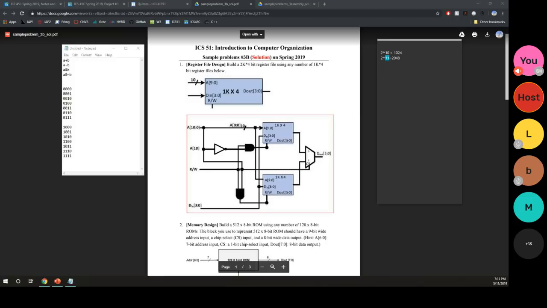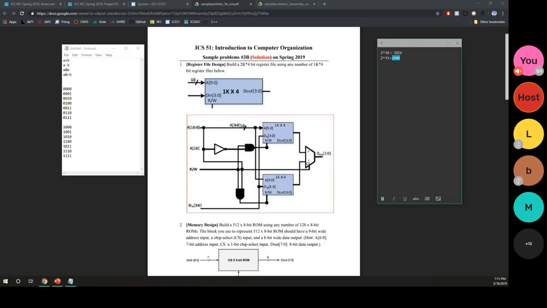It doesn't expect an 11-bit answer. The 11-bit is just the address to it. When we specify 2K or 2048, you can make that register file with 2 1024 register files, right?